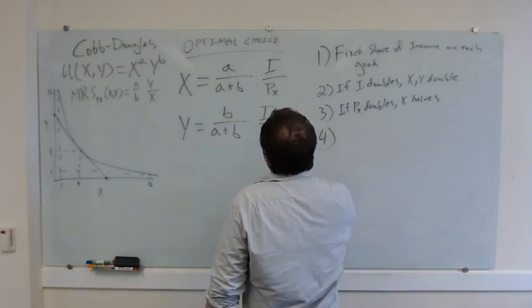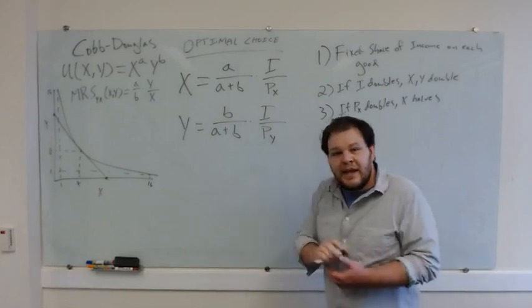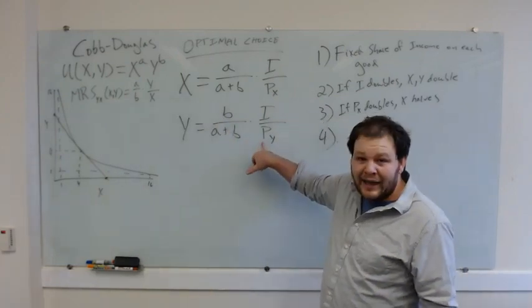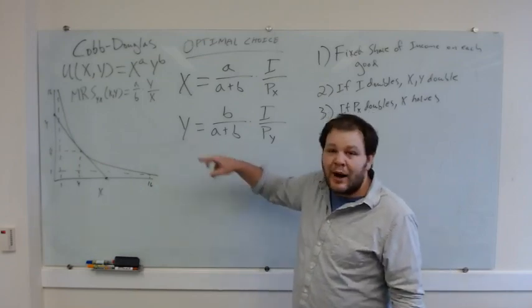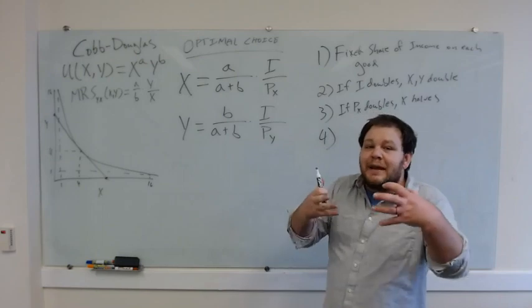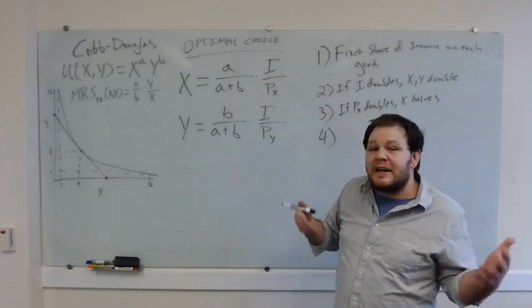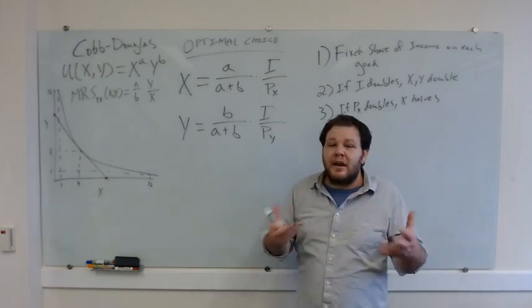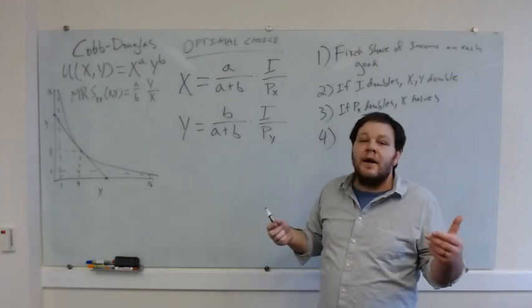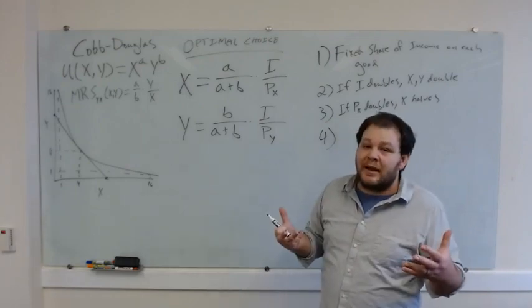And then the last thing I want you to notice is that my consumption of X doesn't depend at all on the price of Y, and vice versa, right? My consumption of Y doesn't depend at all on the price of X. The reason for that, if we think about housing and all other goods, is that if I'm spending a third of my income on housing, and food and healthcare and all this other stuff gets more expensive, I'm still spending a third of my income on housing.